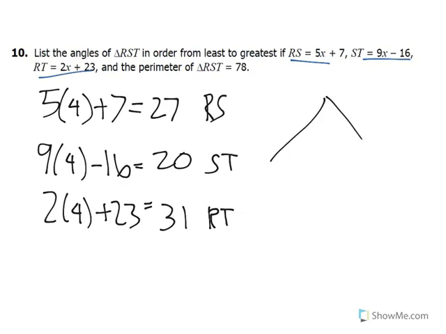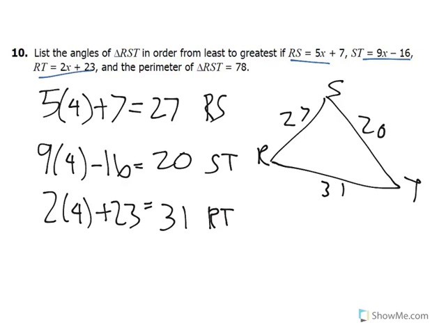So draw a triangle, RST. RS is 27, ST is 20, and then RT is 31. So across from the smallest side is the smallest angle, the largest side is the largest angle. So we're going in order from least to greatest. My smallest side, 20, so this is my smallest angle.